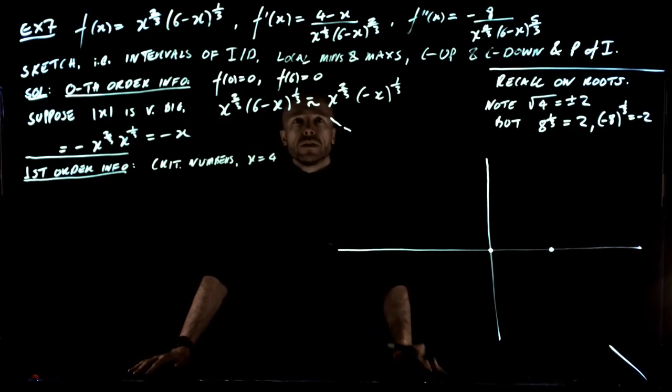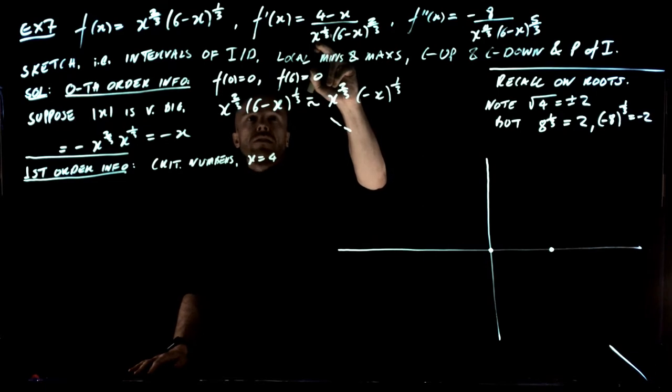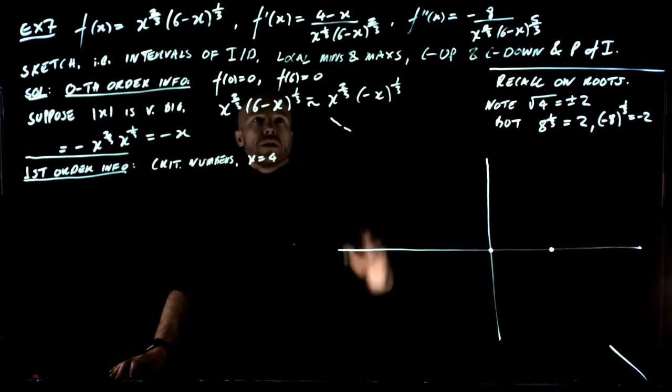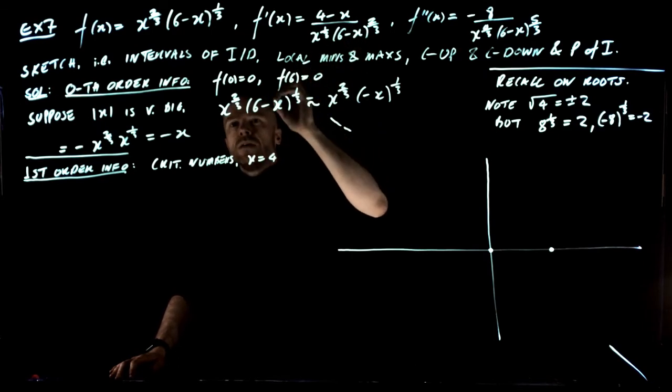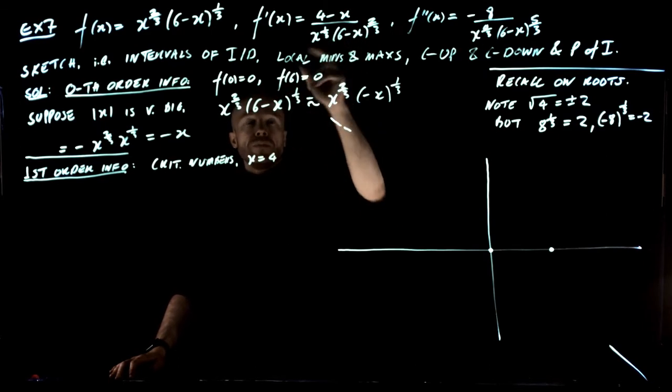But the derivative will not exist when we have x is 0, because when x approaches 0, this thing is like 4, this thing is like 6 to the 2/3, and this thing will be like 0, depending. It'll either be a very small positive number or a very small negative number here.